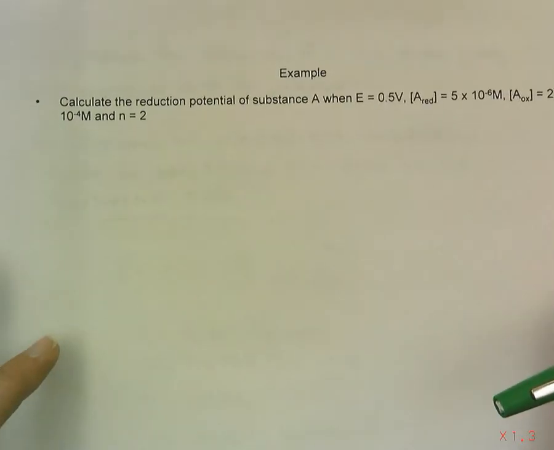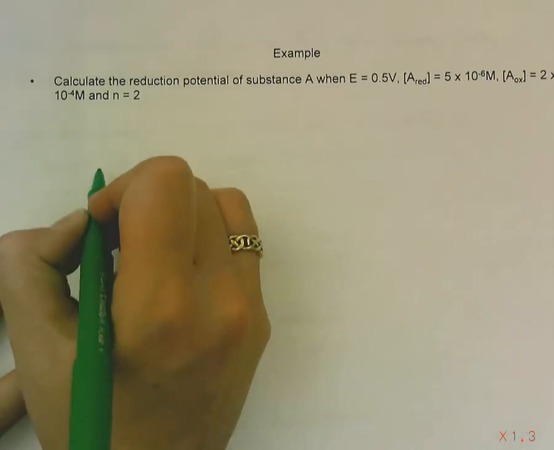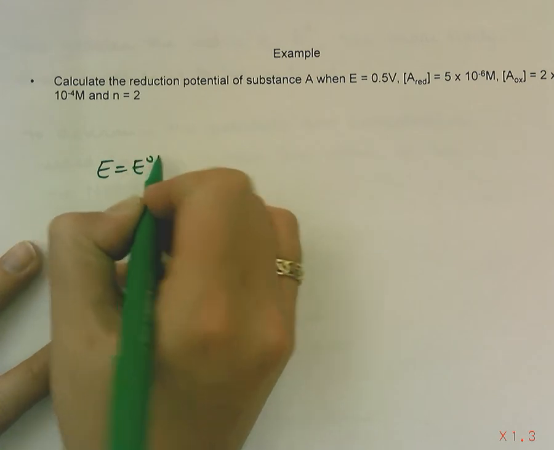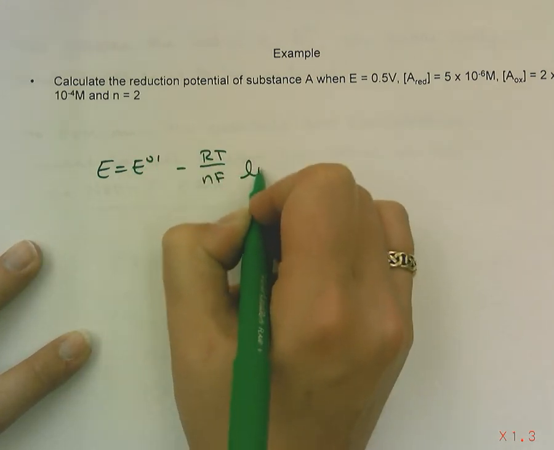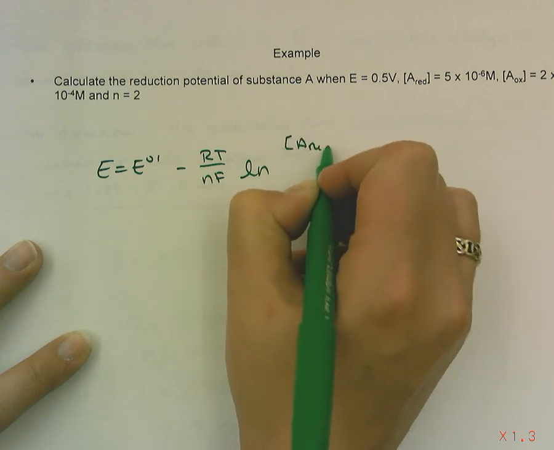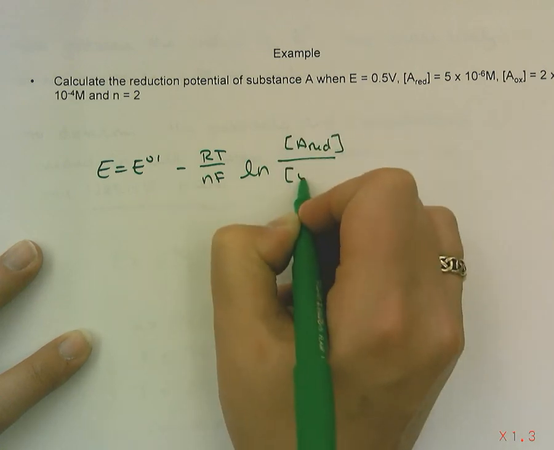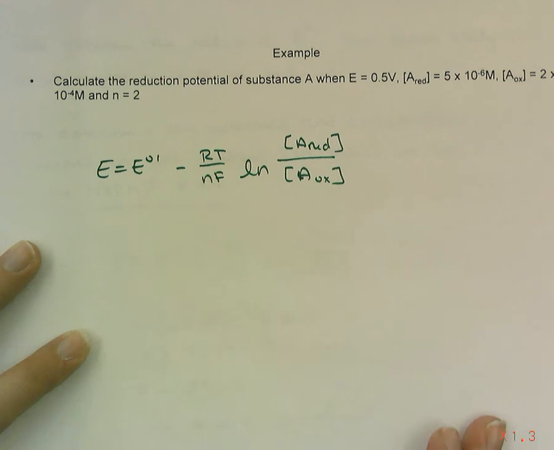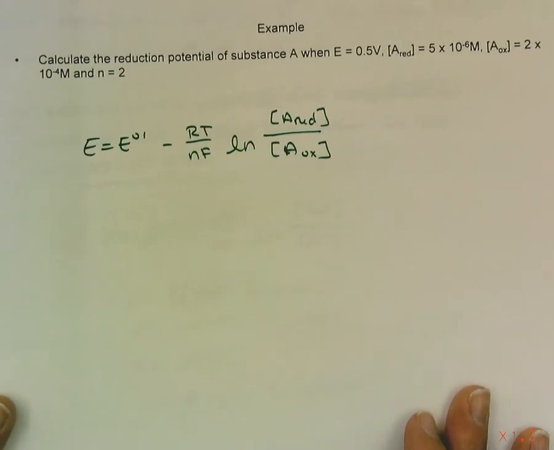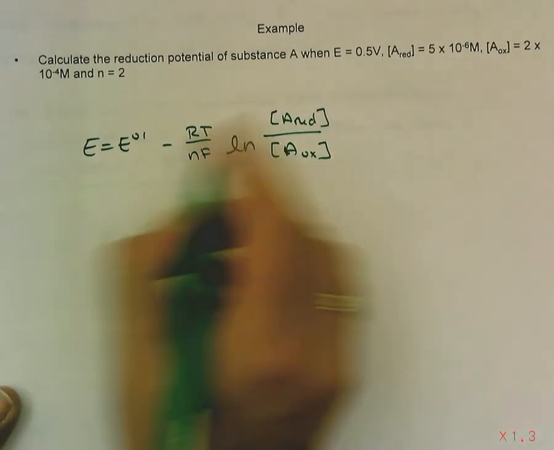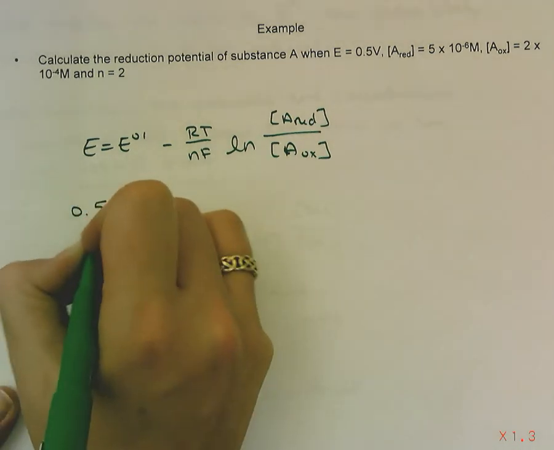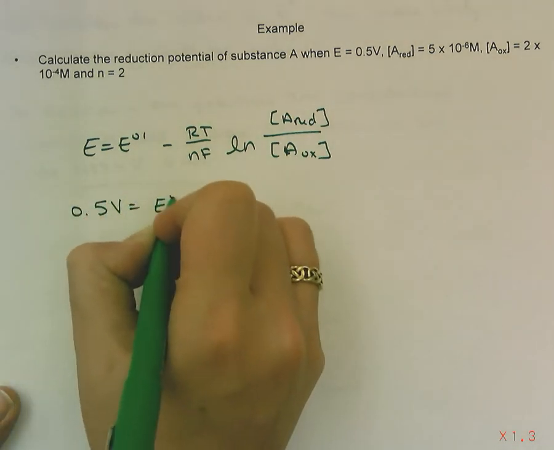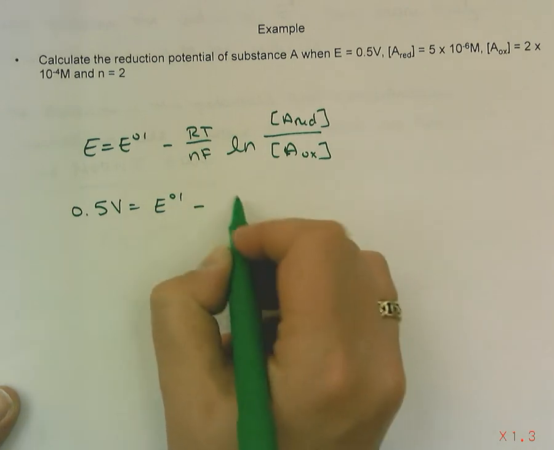So for this reaction, we know E. All right, so here's our equation. We know E, so it's given in the problem. And we're looking for the standard state.